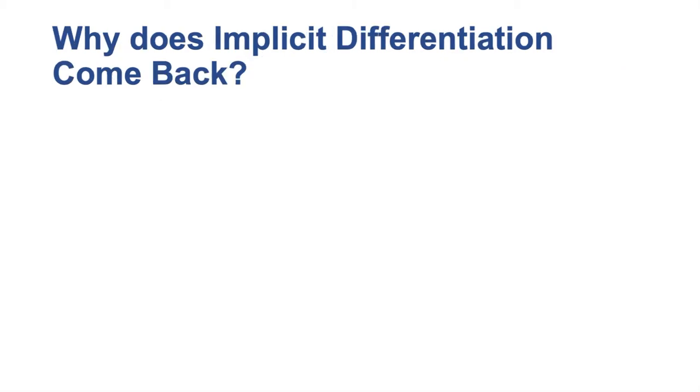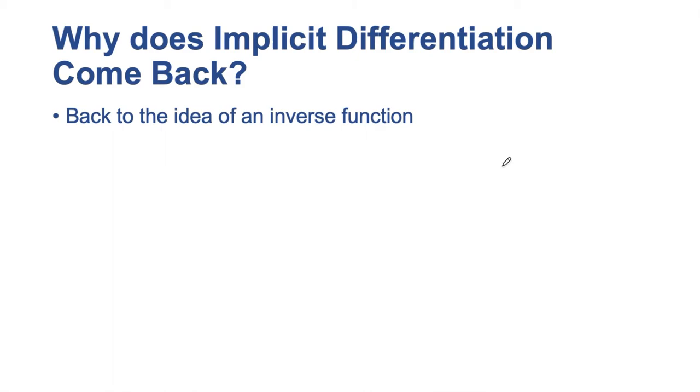So earlier in the video, I said that we were going to be doing some implicit differentiation. Let's get back to that. So why does implicit differentiation come back here? Let's just go back to the notion of an inverse function, right? So I'm going to try to draw an inverse function here, more specifically, the inverse sine function. So if that is our graph, we're going to have sine kind of looking like this.